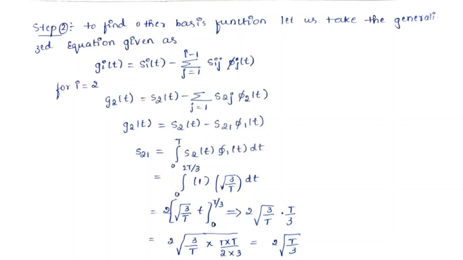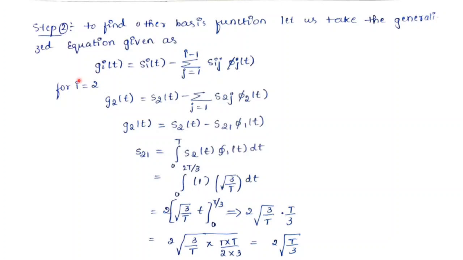To find the other basis function, let us take the generalized equation: gi of t is equal to si of t minus the summation from j equals 1 to i minus 1 of sij phi j of t.